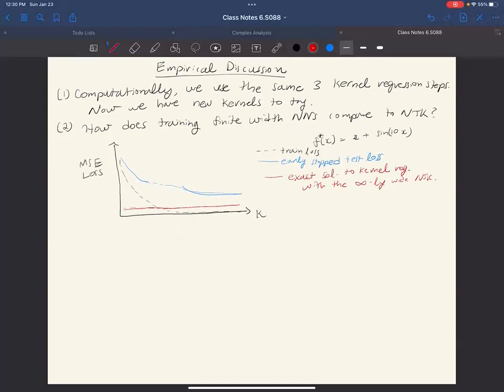And I should make a quick note because this early stopping is a bit of an annoying point. Ideally, what we would do is just train until your models perfectly fit the training data. And this is like get close to 10 to the negative 5 or 10 to the negative 6 error in training.